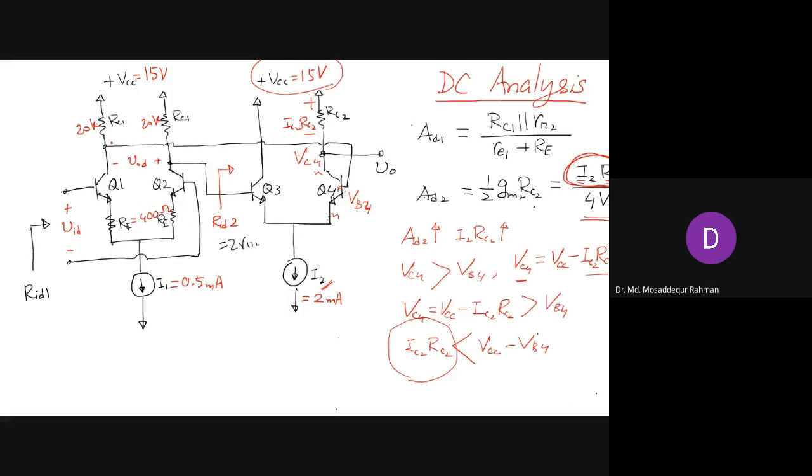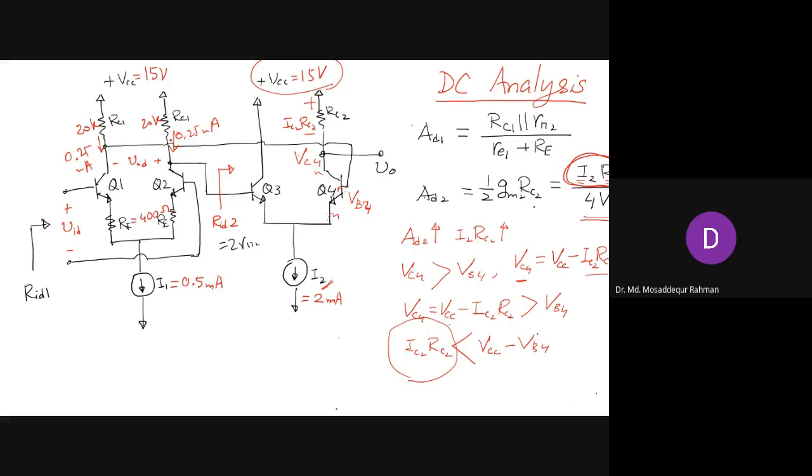Now, if you look at this circuit here, how high can you go, or what are the constraints and limits? First we start from this circuit here. I1 is 0.5, so from that we can easily determine the currents here. Half of I1 will go here, half of it will go here. So if alpha is about 1, this is about 0.25 milliampere, and this also 0.25 milliampere.